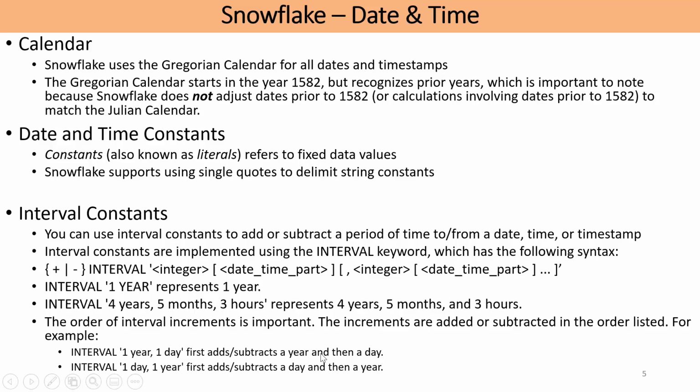It first adds and then subtracts a year and then a day. So this will have implications when you are working with the end of the month. You can say interval 4 years, 5 months, 3 hours, which represents 4 years, 5 months and 3 hours from the current time.